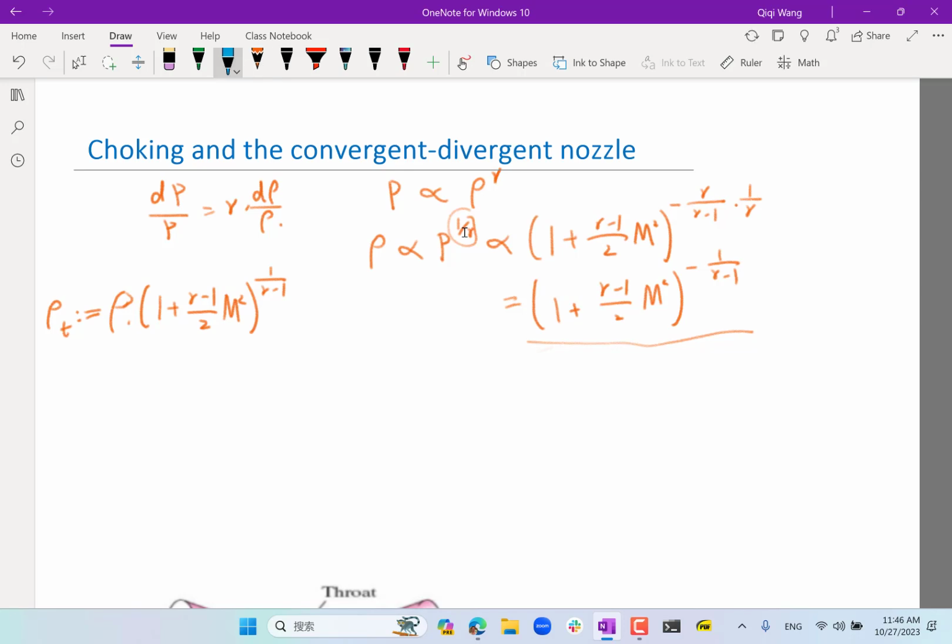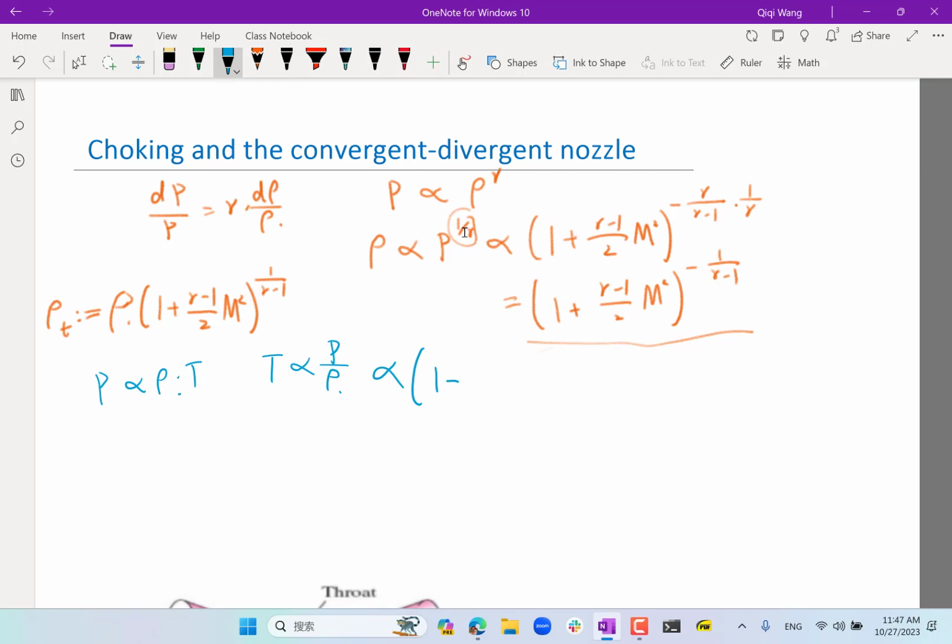Well, you can go further, right? Because we know P is proportional to rho times T. That means the temperature is proportional to P divided by rho, right? And then we know that the pressure goes like this bracket to the minus gamma over gamma minus 1 power, and the rho is to this power.